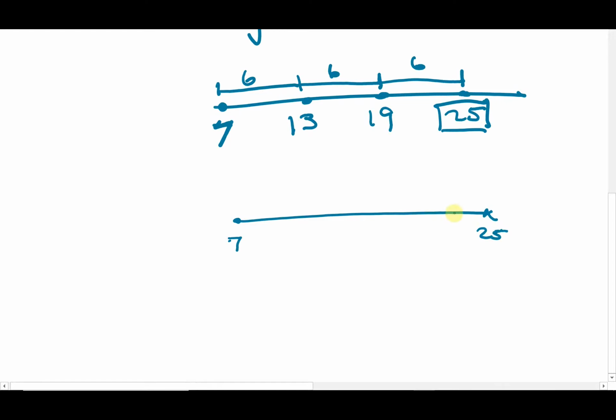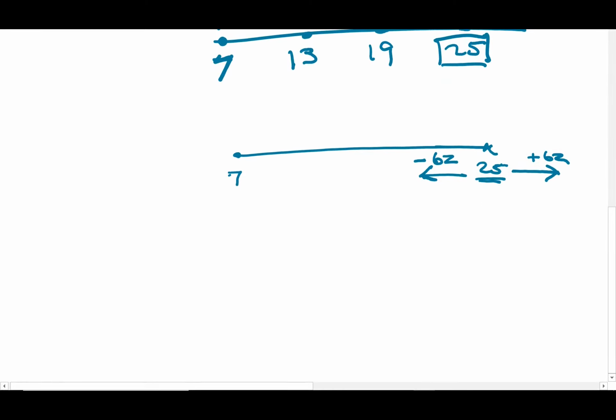The key here is, what if we add a multiple of 6, let's say we add plus 6z and minus 6z to 25. Going in one direction or the other, we're adding a difference of 0.